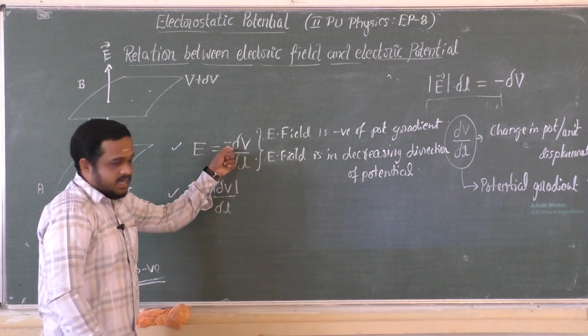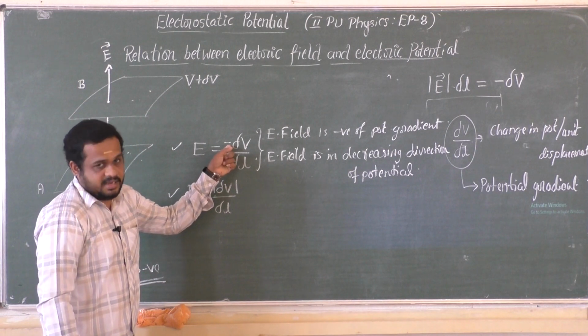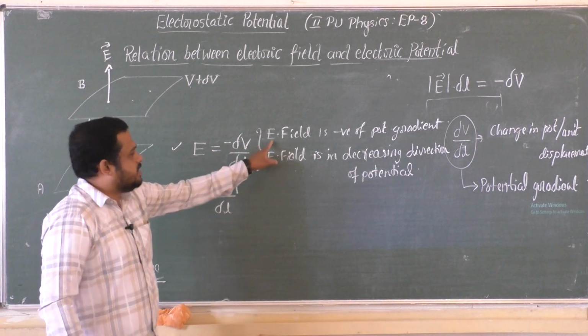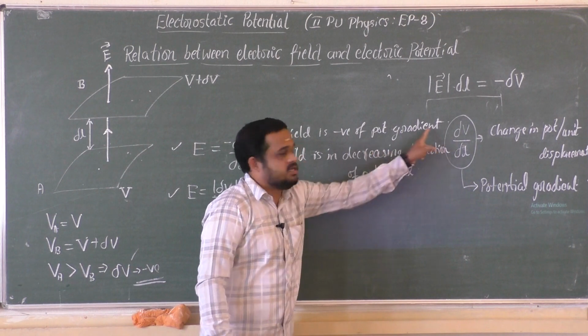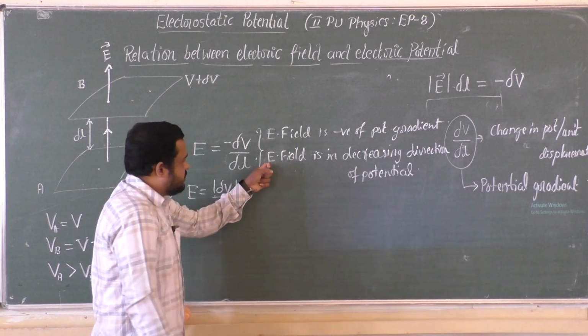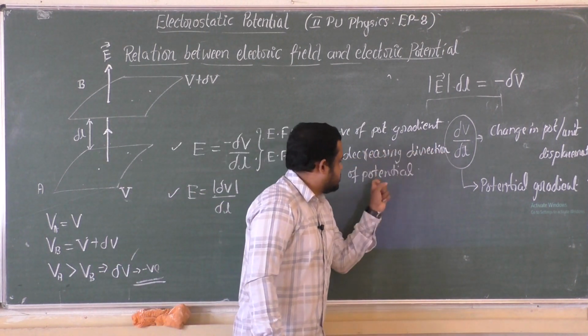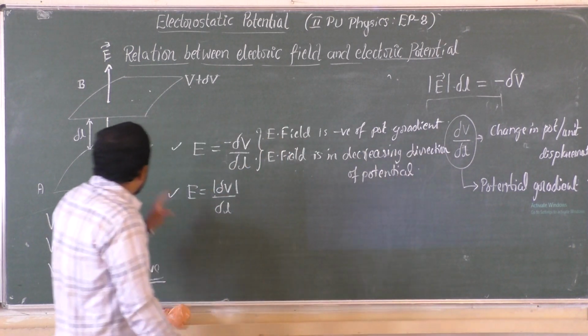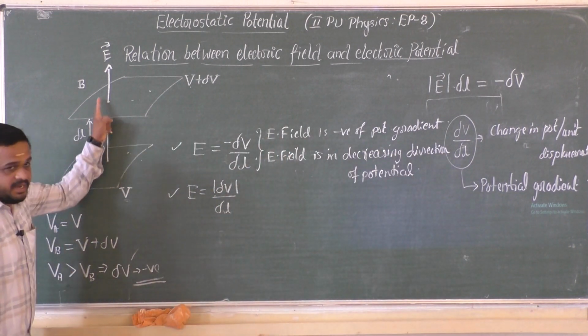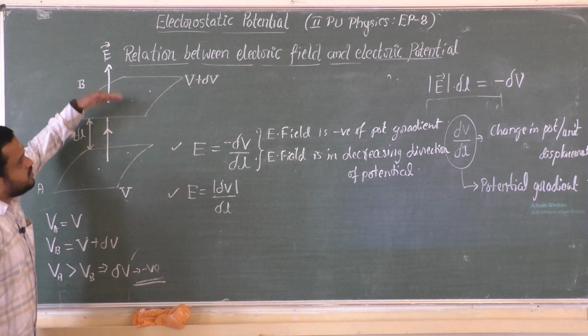The minus sign represents decrease in potential. That means if you move along the direction of electric field, potential value decreases.